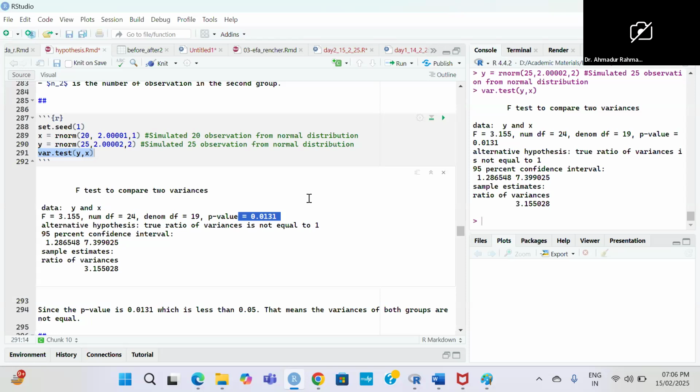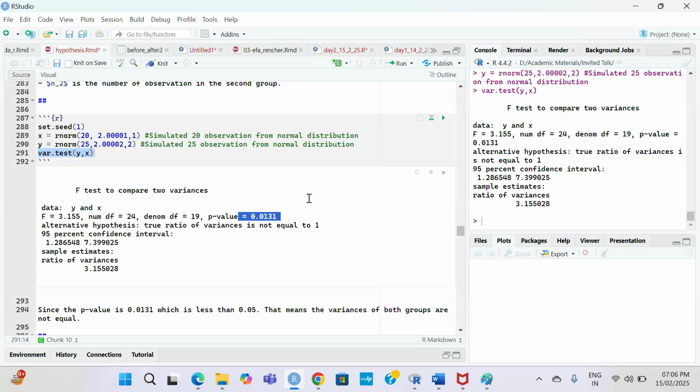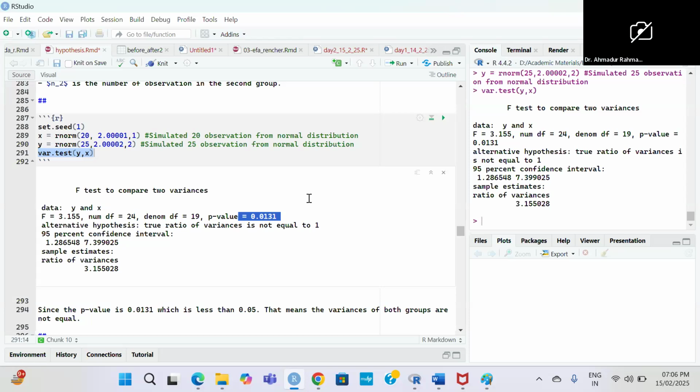This value is less than 0.05. That means the ratio of variances is not equal to 1. So that means the variances are not equal.